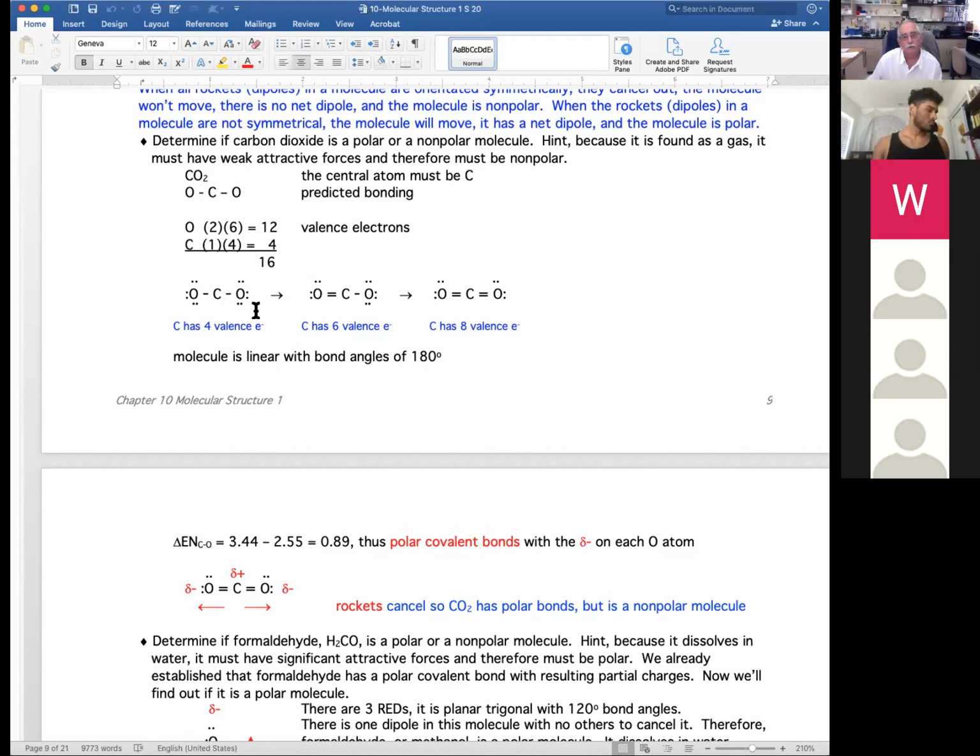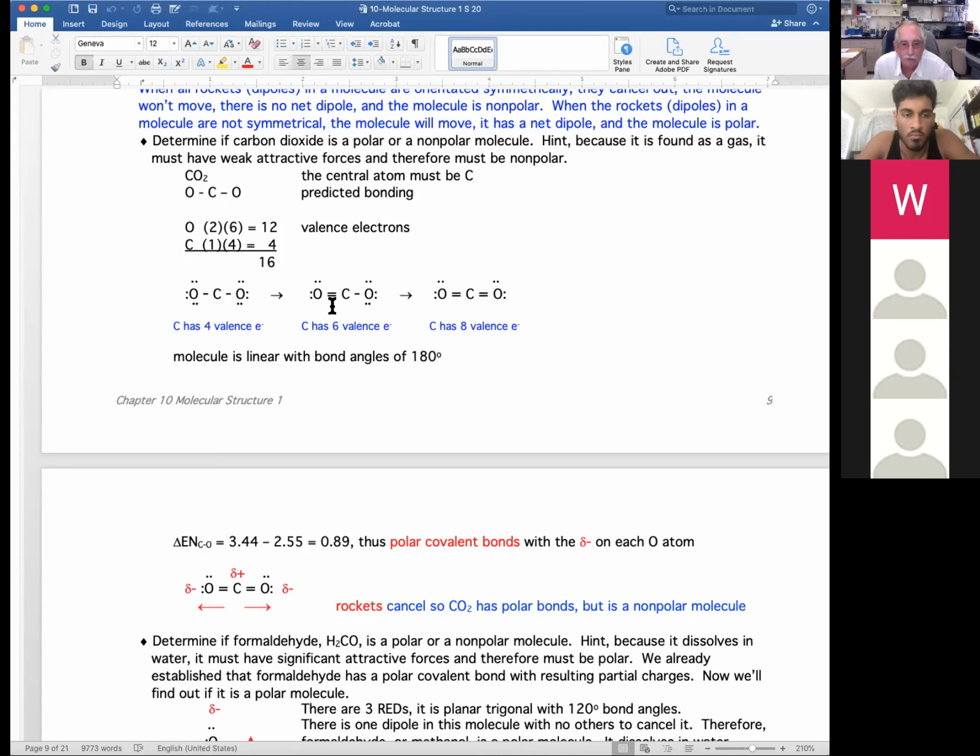So what do you do if you have enough valence electrons for yourself and your very close friend doesn't? Well, you share, because we live in the Hello Kitty world. Everything is happy. So here I took these non-bonding electron pairs and put them into the bond in an effort to give carbon more valence electrons.